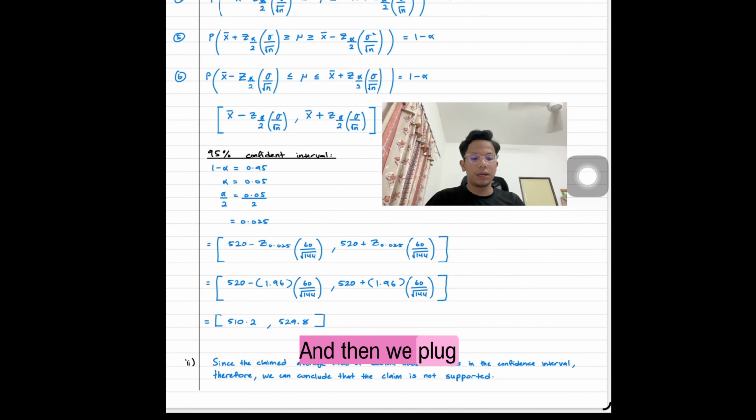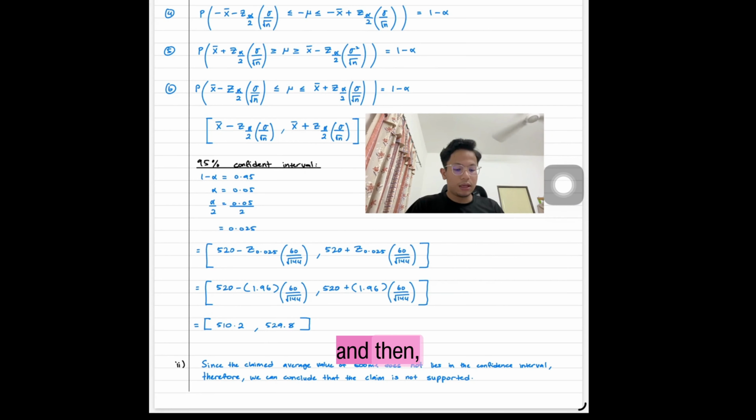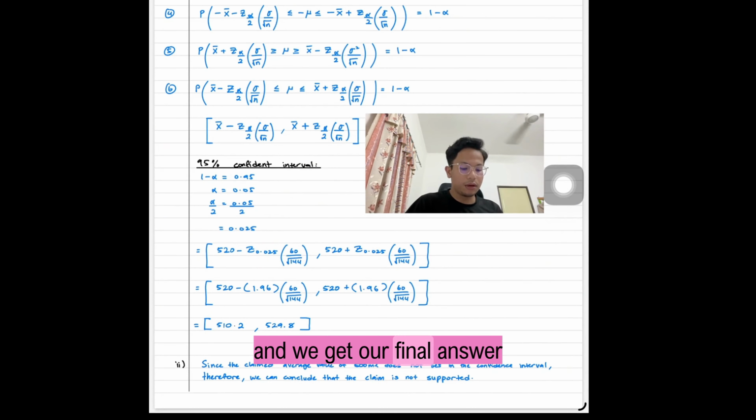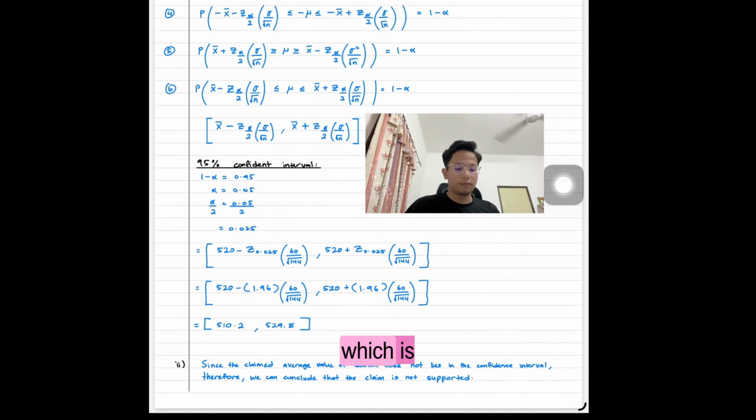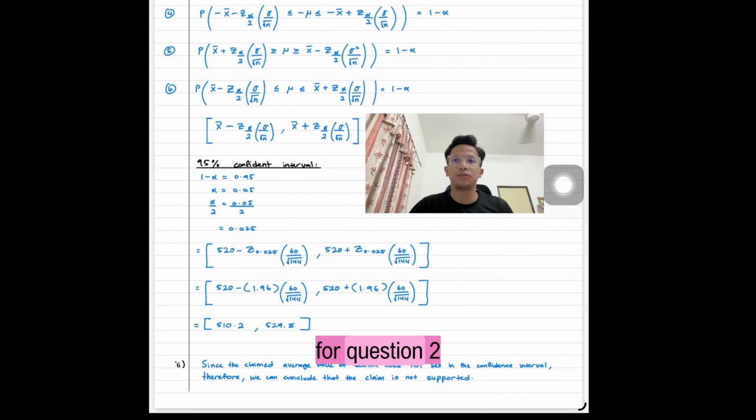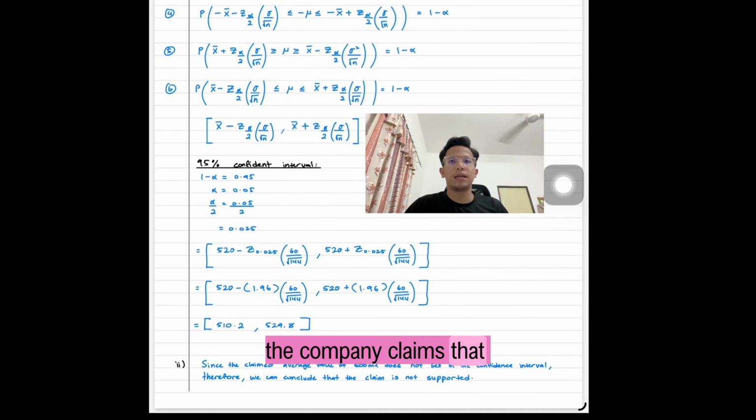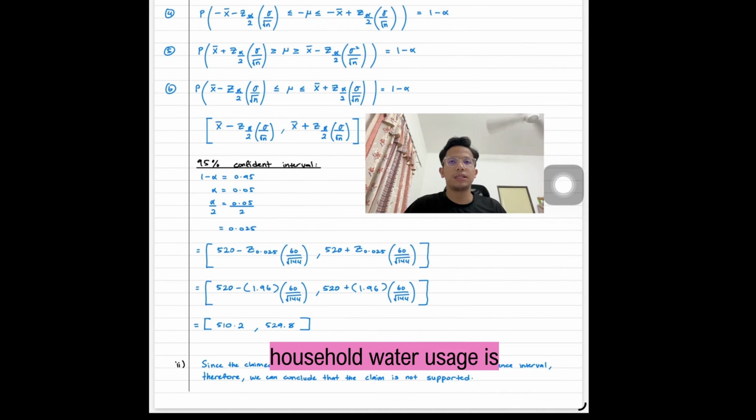And then we plug in all the information that were given into this equation, and then we can find the z alpha over 2 in the z-score table, and we got our final answer, which is 510.2 and 529.8.